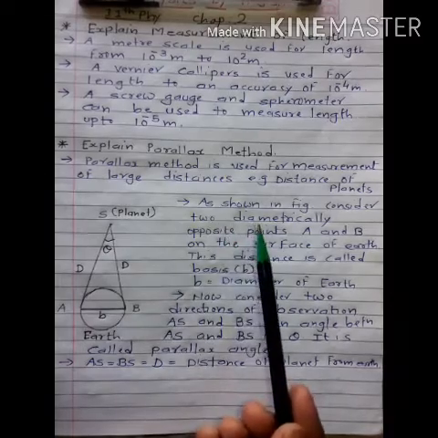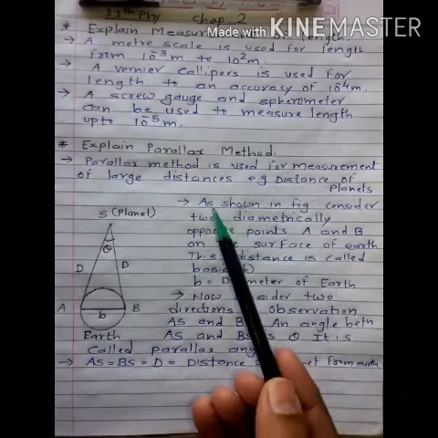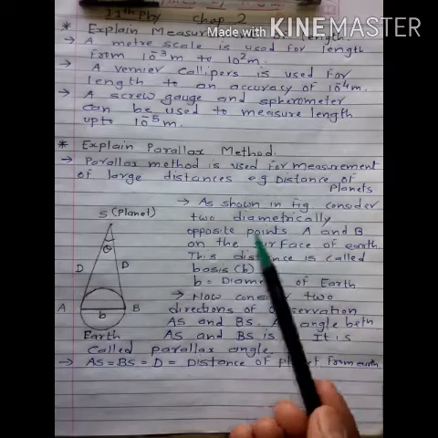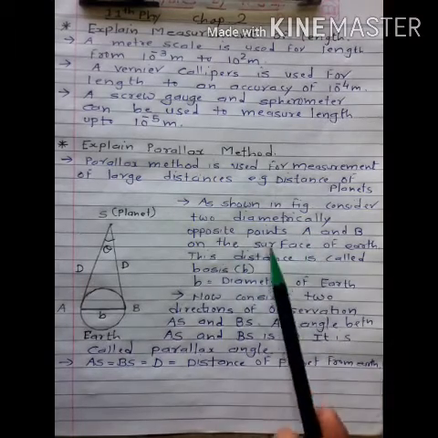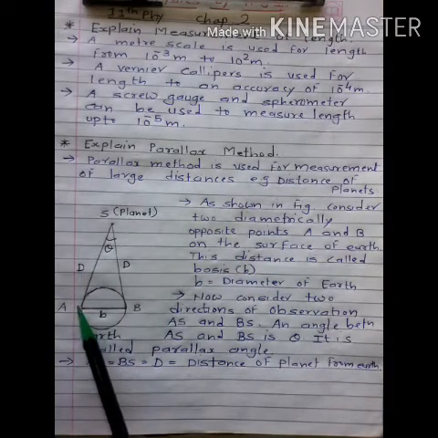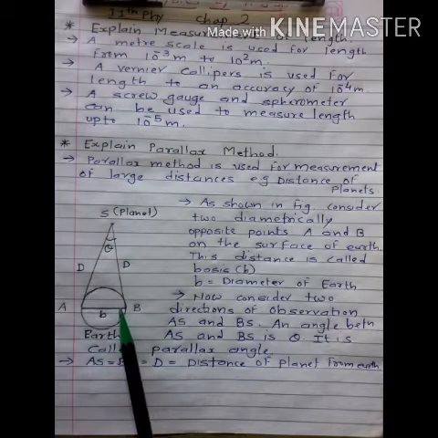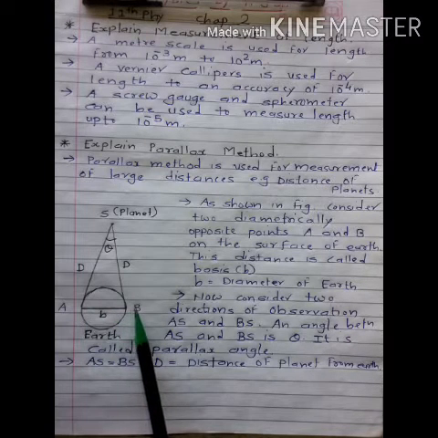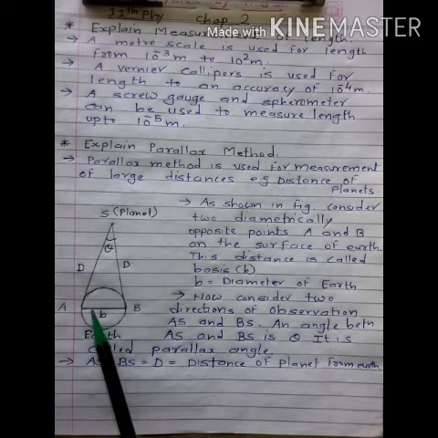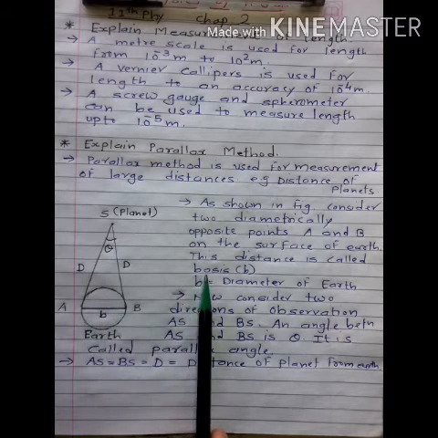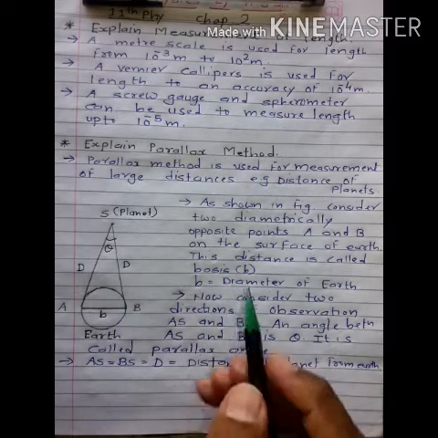Now here is the description of the figure. As shown in figure, consider two diametrically opposite points A and B. So this is first diametrically opposite point A, this is second diametrically opposite point B on the surface of earth, and this distance is known as basis.